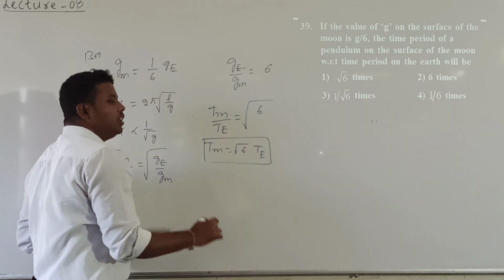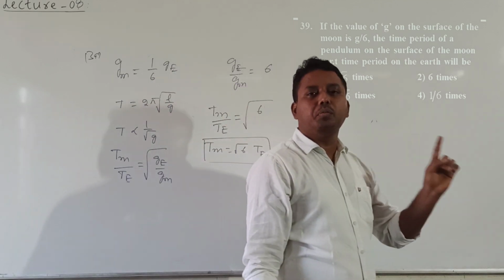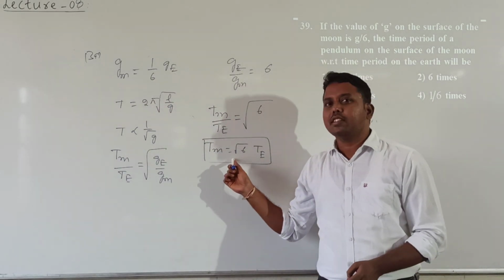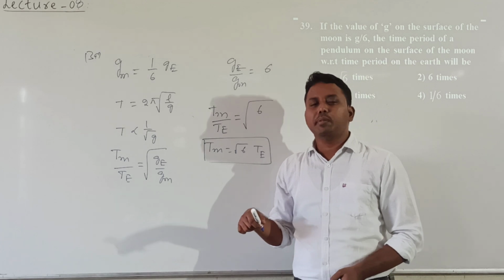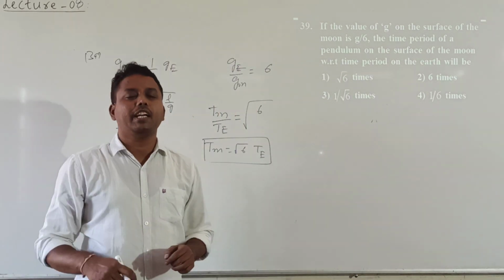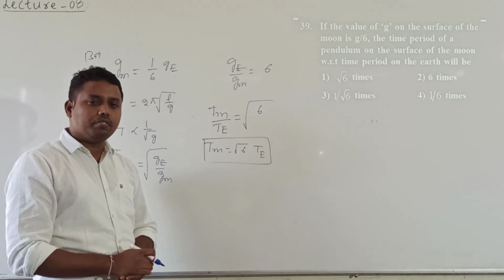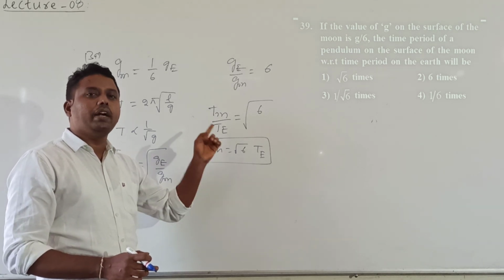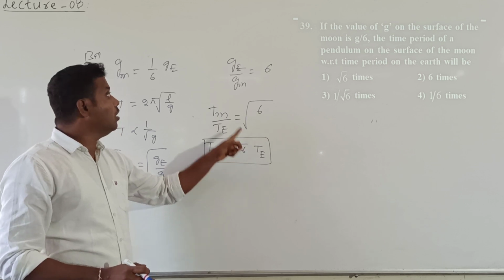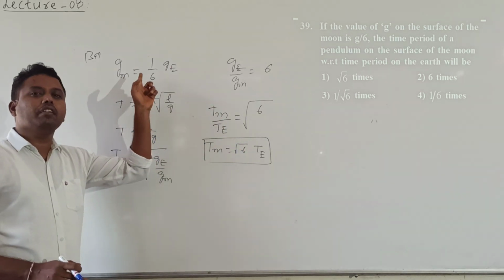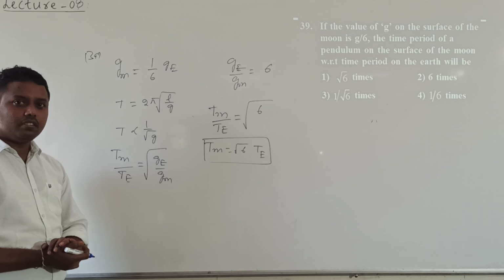When the pendulum is taken from the earth to the moon, its time period increases by root 6 times. So the pendulum will take more time to complete one oscillation, and the pendulum clock will run slowly on the surface of the moon compared with the surface of the earth. Okay?